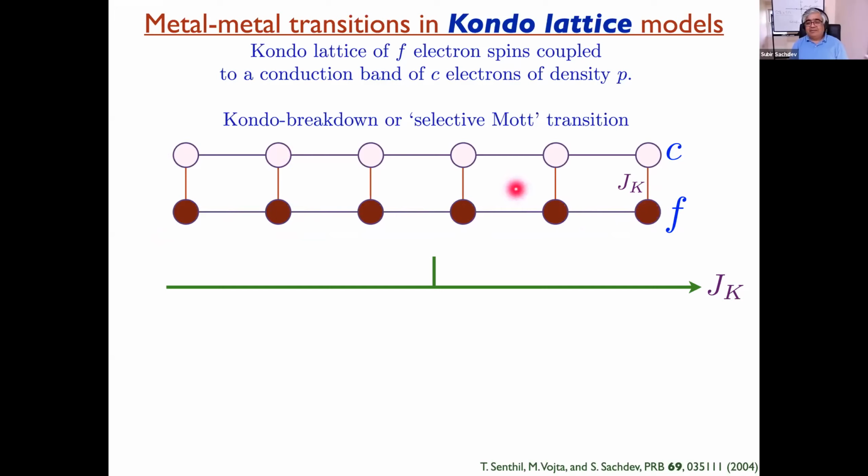But then there are the mobile electrons, which I call the C electrons of the conduction band. And let's say they have some density p. So not every site is occupied, they're just moving around merrily. Whereas here on the F sites, there are only fixed spins. Now the Kondo effect, which is driven by this exchange coupling J Kondo, tells you that when you have a spin coupled to mobile electrons, that spin gets screened and effectively becomes part of the continuum of excitations of the Fermi liquid that's surrounding it.